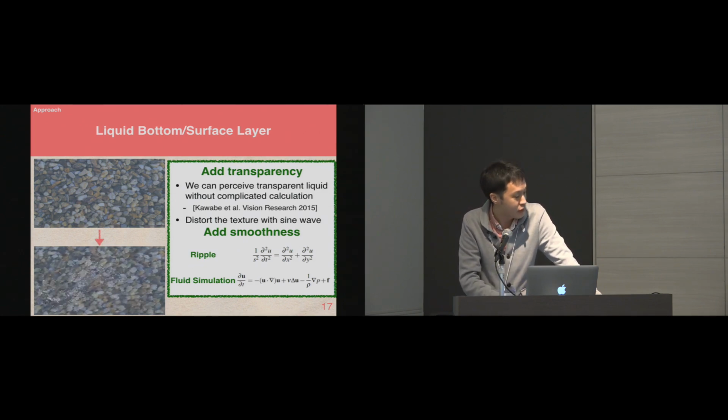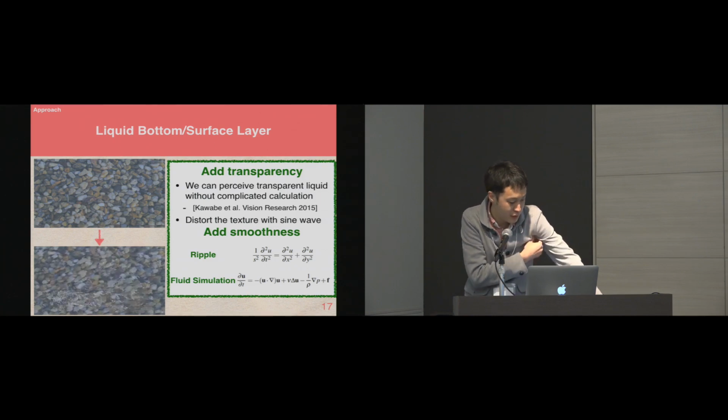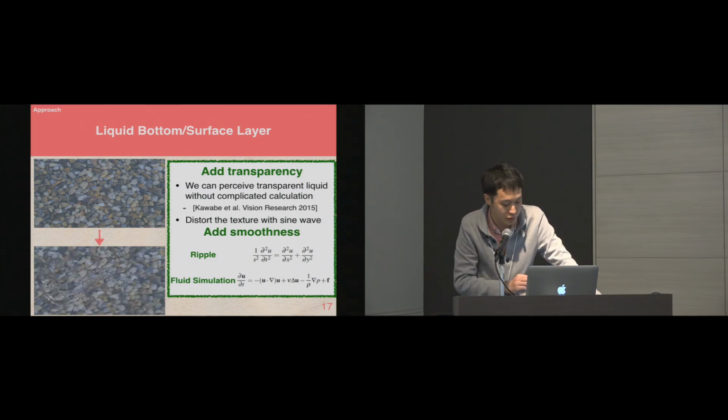Next, we introduce a 2D fluid simulation based on the incompressible Navier-Stokes equation expressed in the bottom equation at the liquid surface layer. We impart smoothness to the image by moving bubbles, which are phenomena peculiar to liquid, according to the velocity field obtained by the 2D fluid simulation.